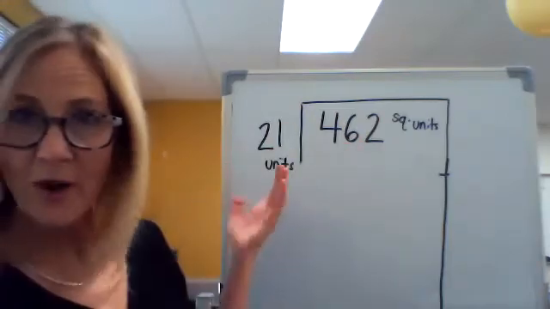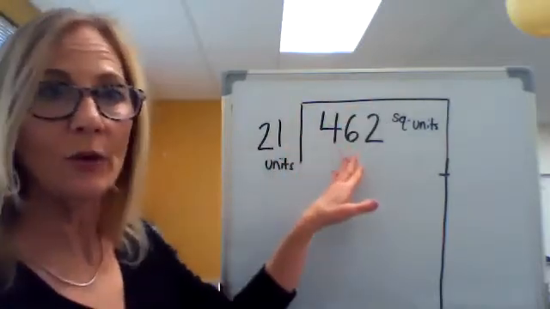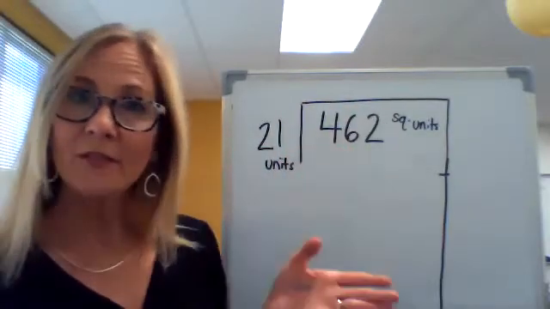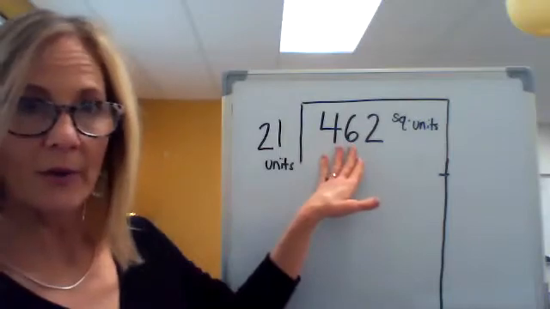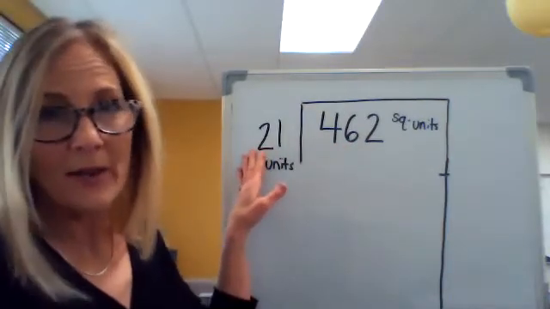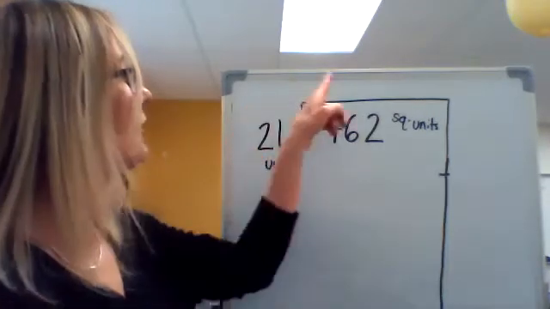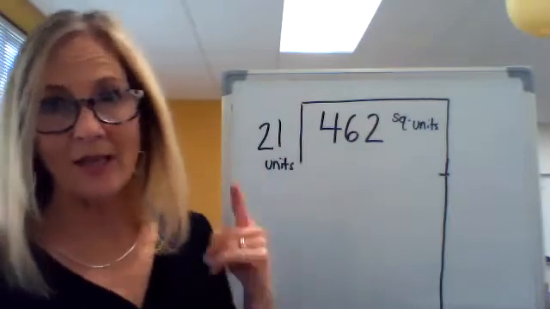In a multiplication problem, you're given number of groups, how many in a group, and you have to find the total. But in division, you're given the total number, and then you're also given either how many groups you have or how many is in a group. In this case, we have how many groups, and our job is to find out how many are in each group.